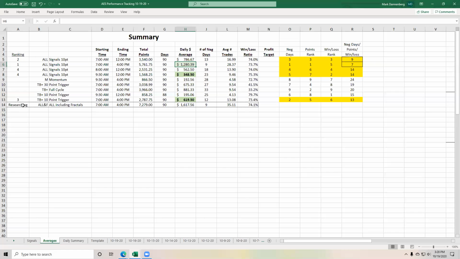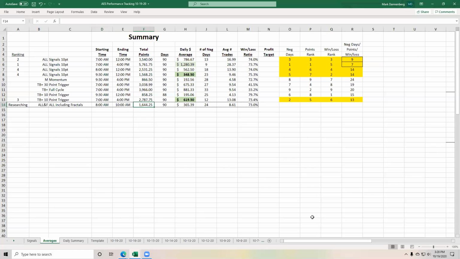Now, this category down here that shows researching, this is where Aaron's built into this tool a feature where if you were to tell me that you only have time to trade from, say, 8 a.m. to 10 p.m., we can plug those numbers in here, and we can tell you what to reasonably expect.